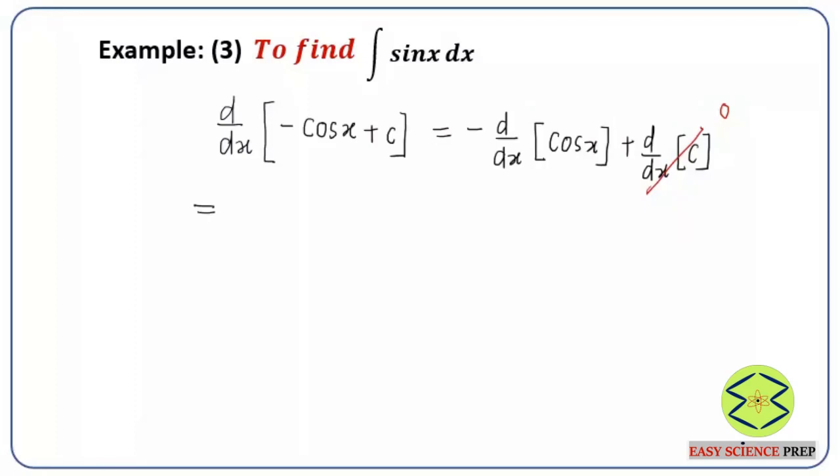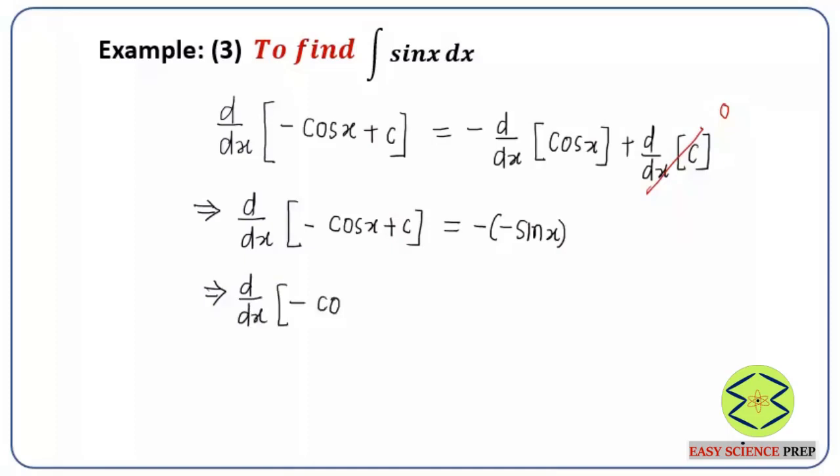So you will be getting from here derivative of minus cos x plus c equal to, now it is minus, and derivative of cos x is minus sin x. So this will give you the derivative of minus cos x plus c equal to sin x.